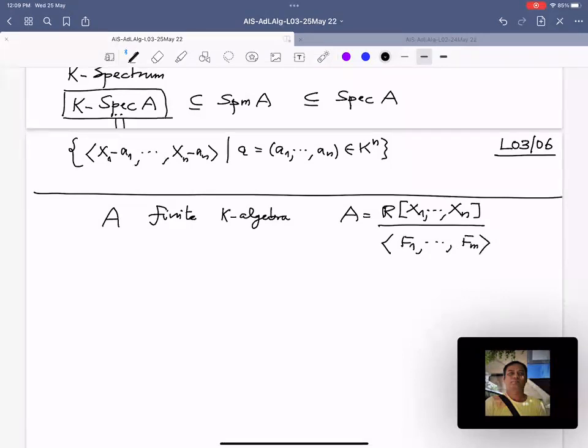So in this case, the R spectrum, R spec A, is precisely the common zeros of these polynomials.